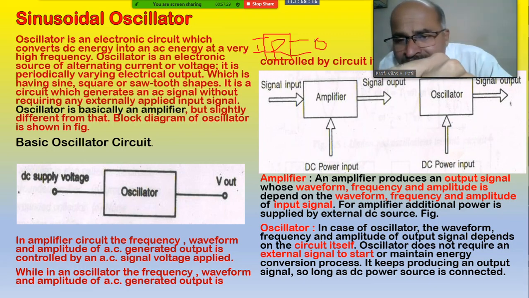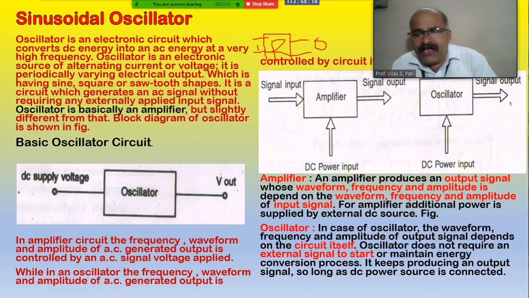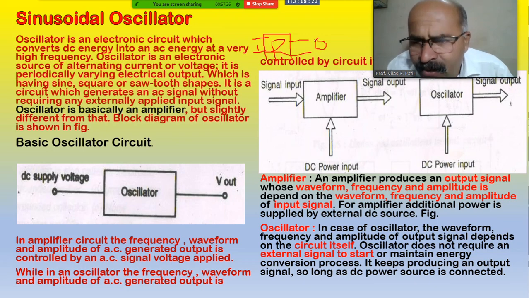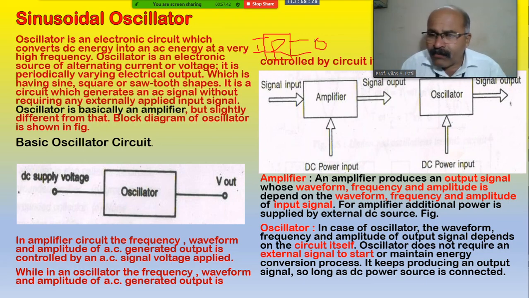In full wave rectifier, two diodes, and in bridge rectifier, four diodes are used. And what does the rectifier do? What is the basic function of the rectifier? Friends, rectifier is the electronic circuit which converts AC to DC.